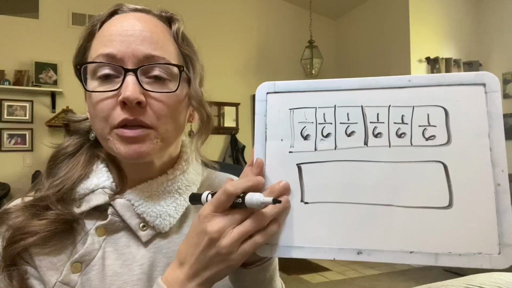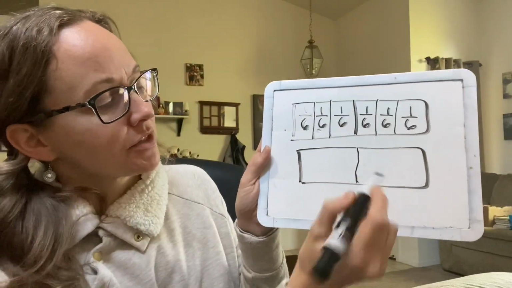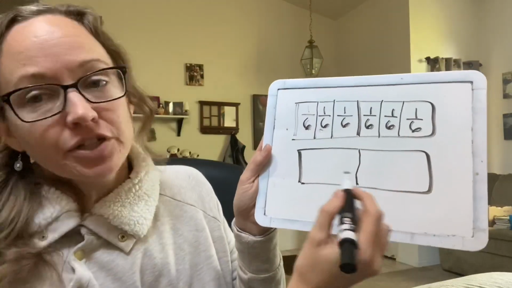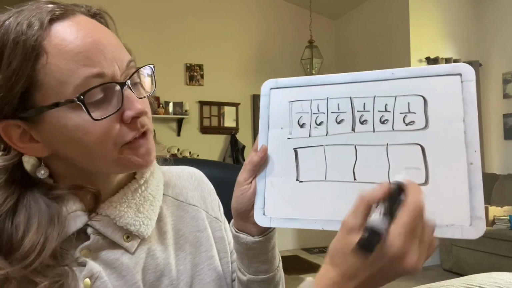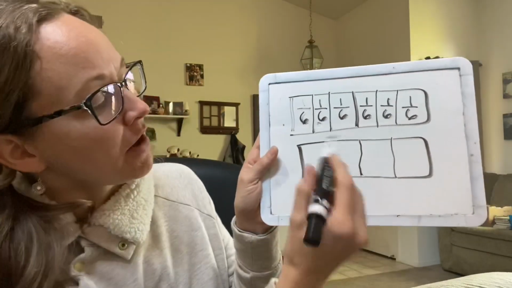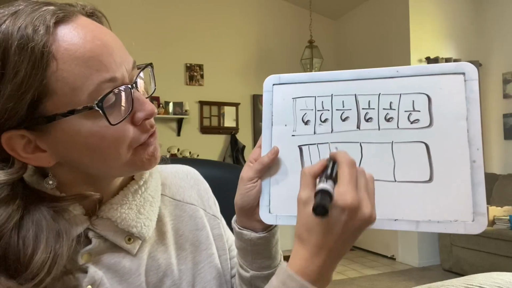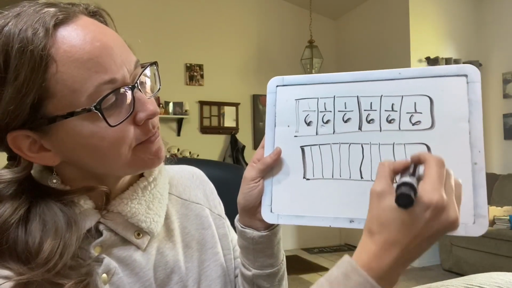Now we're going to break apart the bottom fraction strip into 12 equal parts. I'm going to go ahead and start with my half again. Each half I'm going to break up into another half to make fourths. And because 4 times 3 equals 12, I can break apart each fourth into 3 equal parts.